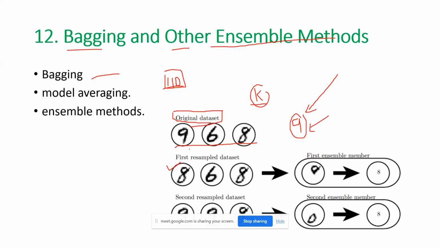Then it predicts the output as 9. So in this process, we are dividing our data set 9, 6, 8 in this example into several individual data elements, and for each and every individual data element we are using a separate model.